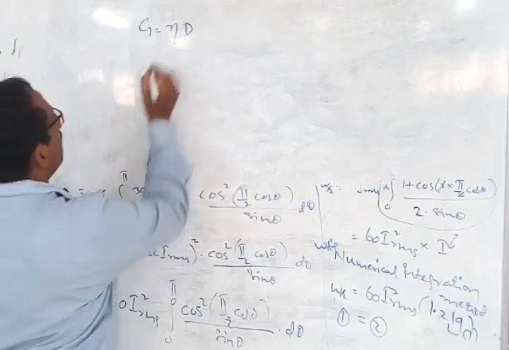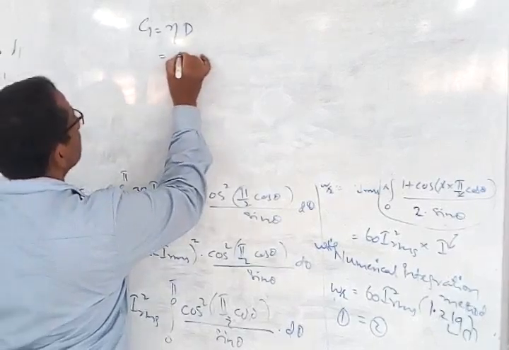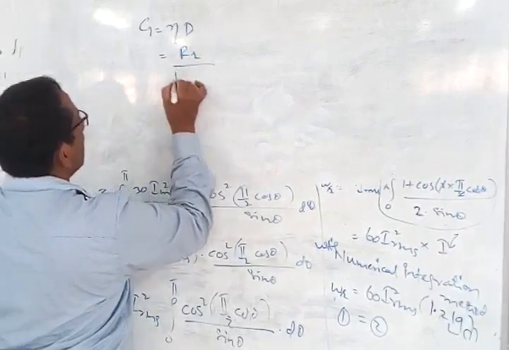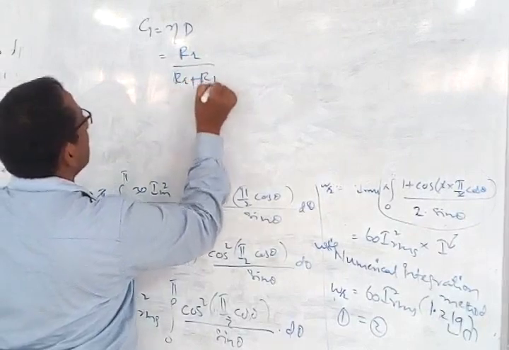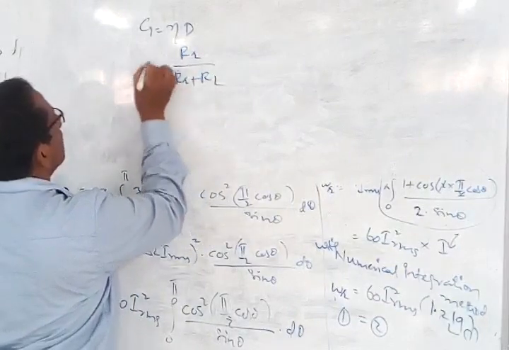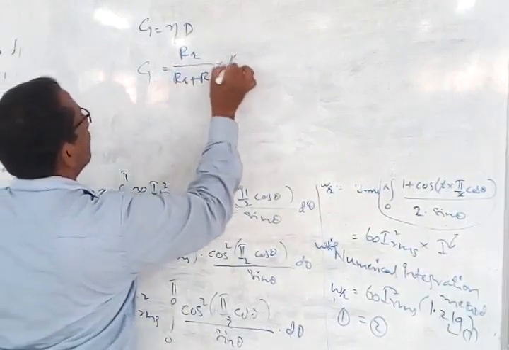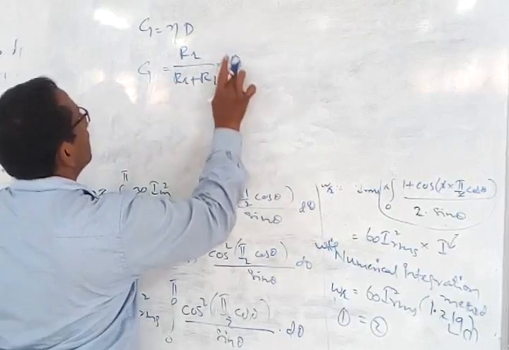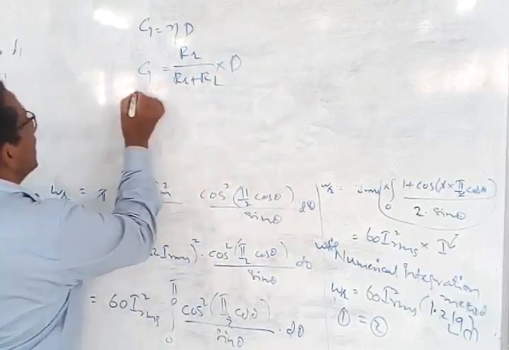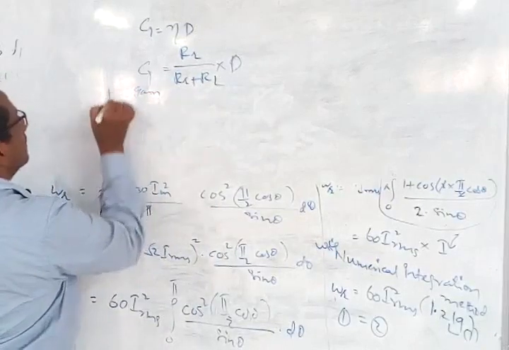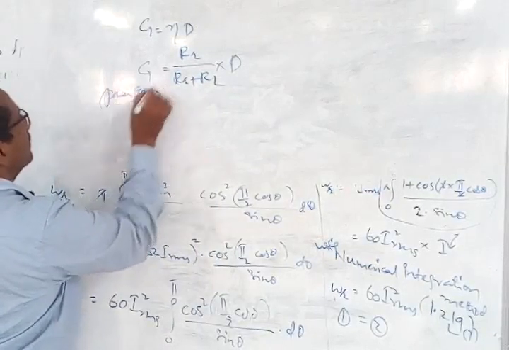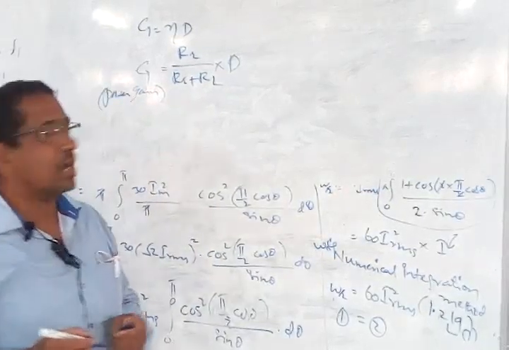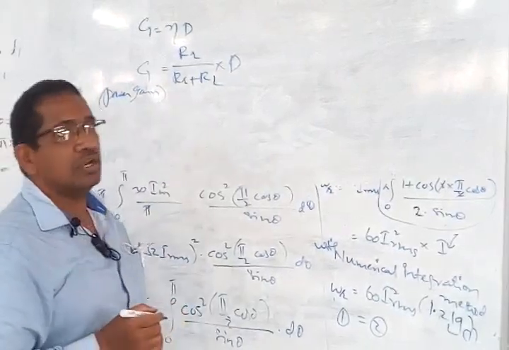So therefore this eta is nothing but equal to RR by RR plus RL. D is called directivity. G is the gain of the antenna. This is nothing but power gain. So the power gain G is equal to RR by RR plus RL into D.